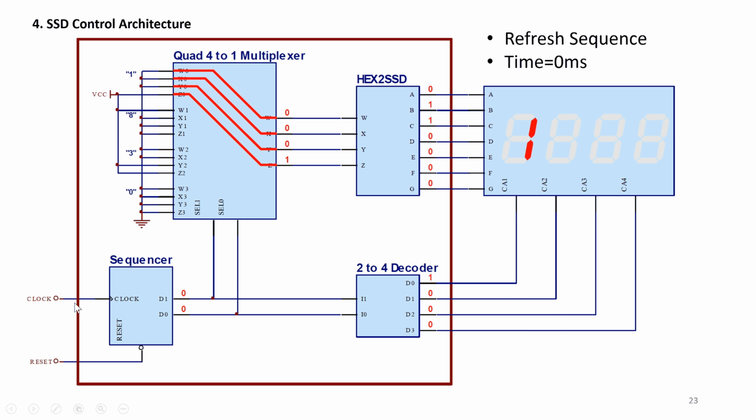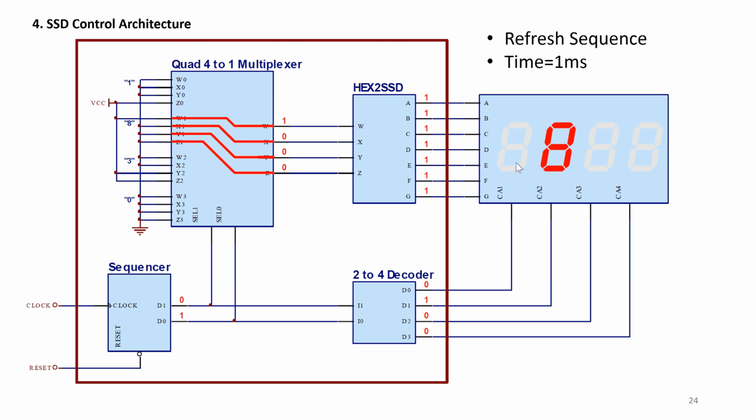So the sequencer at t equals 0 will give out a select sequence of 0 and 0. Now this select data is fed into your 2:4 decoder as well as your quad 4:1 multiplexer. As you can see, your first set of data 1 is chosen to be displayed, and in your decoder you can see that D0 is switched on, which means the first 7-segment display is powered on.